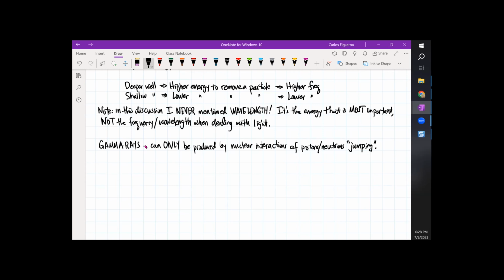Now, we didn't talk about jumping, but what we really mean by the word jumping, by the way, I should have put this, is jumping from high to low energy levels.